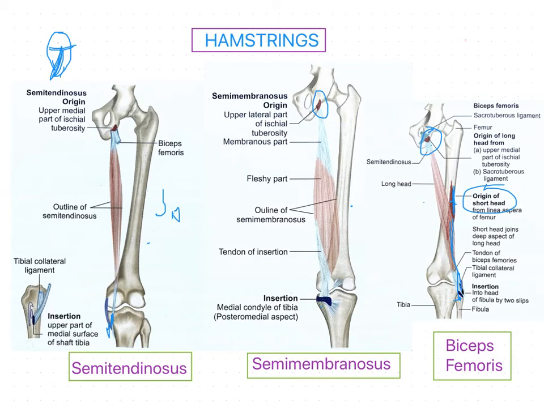If you see the actions of all these muscles, these are all called hamstring muscles, and all of them have a common function. One is the flexion of the leg at the knee joint when the pelvis is fixed.